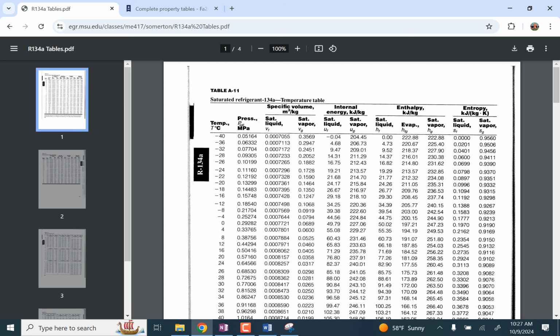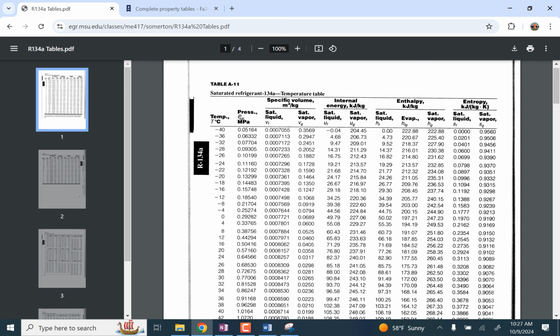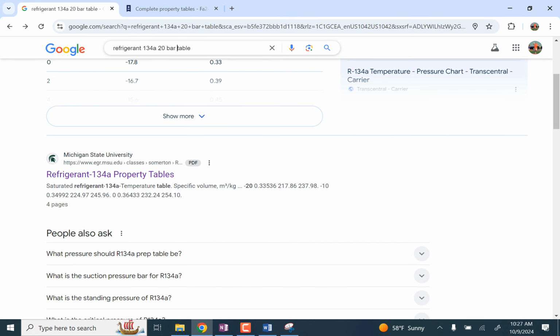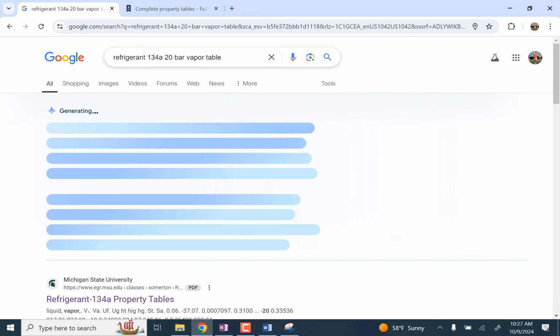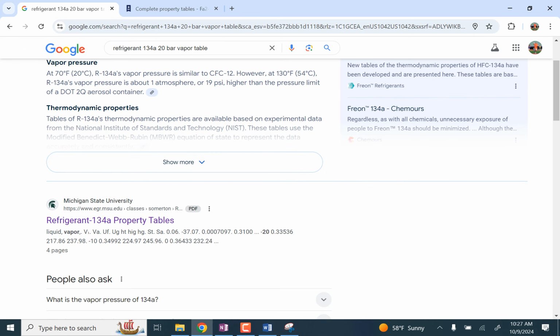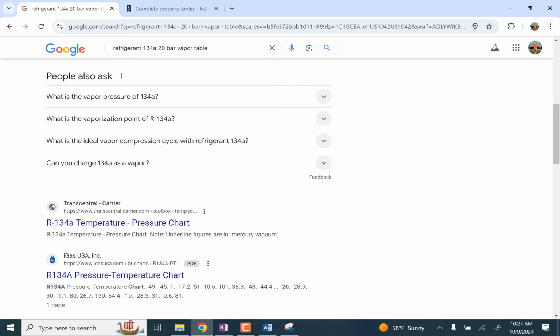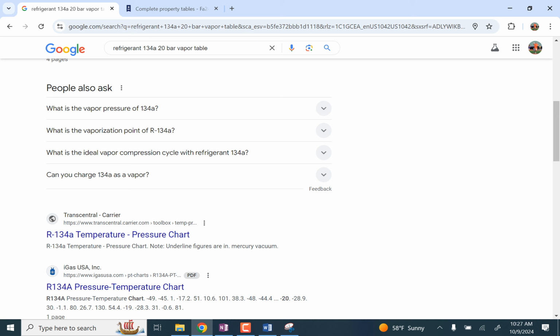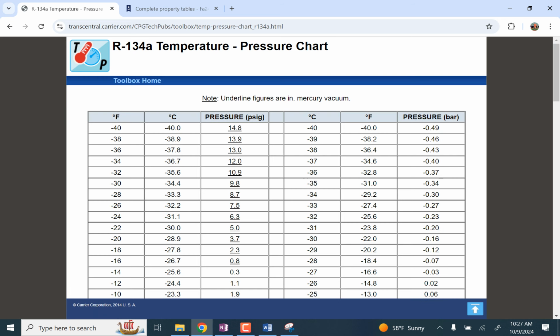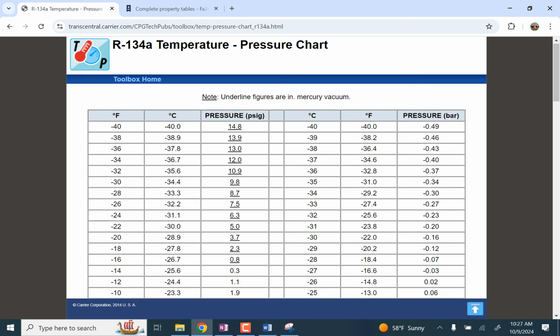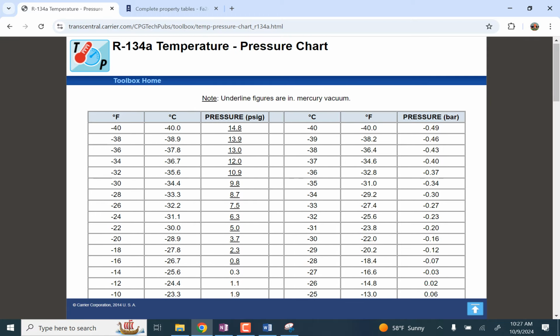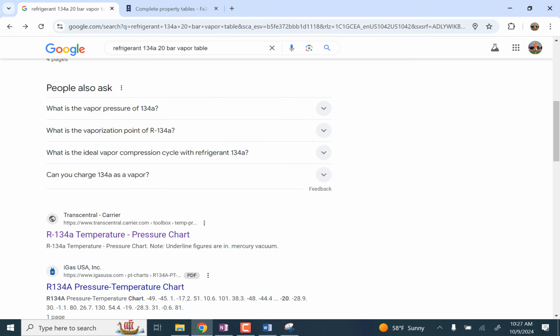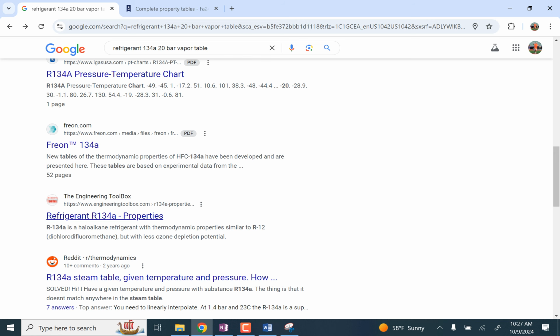Yeah. Temperature table. This is saturated. We don't want that. Same thing when it's carrier. That doesn't have specific enthalpy.